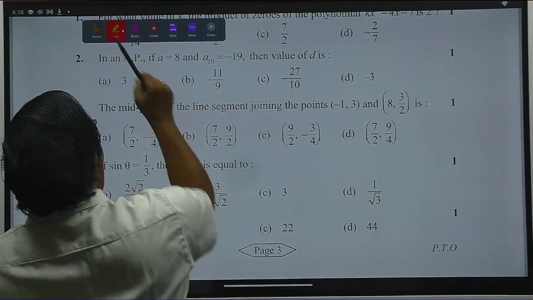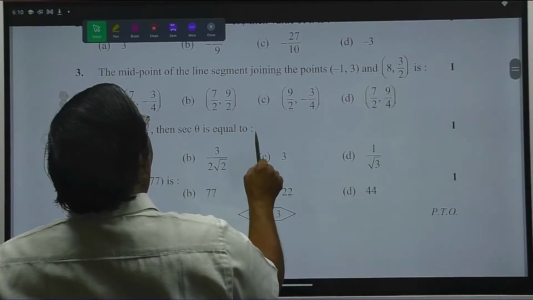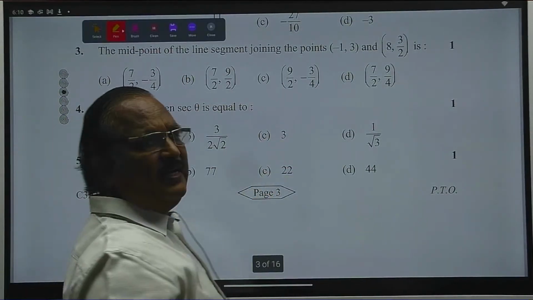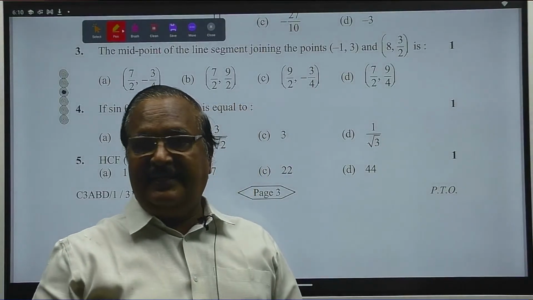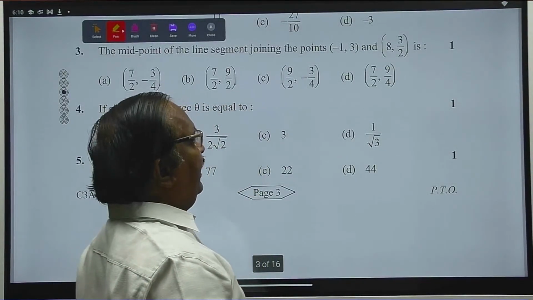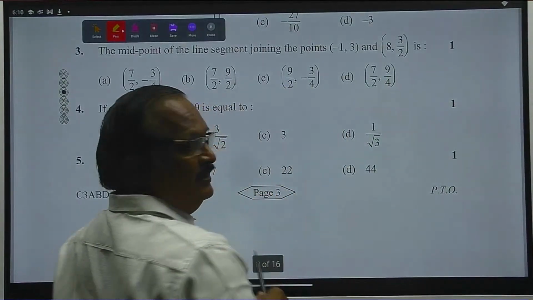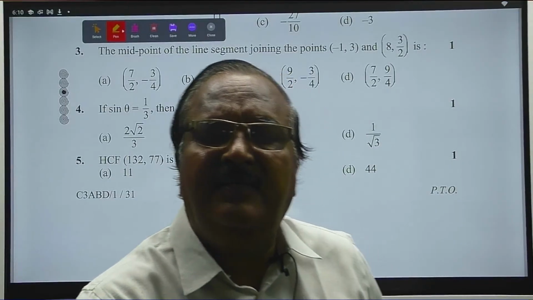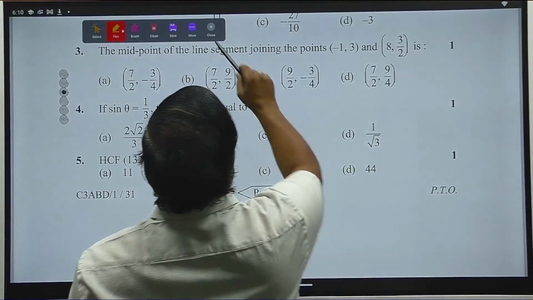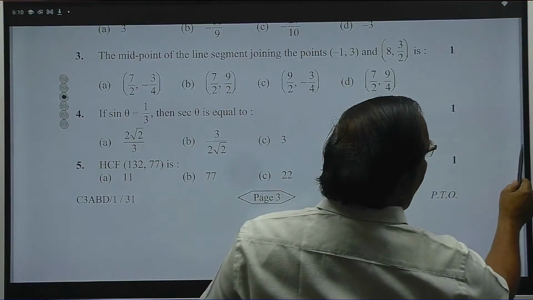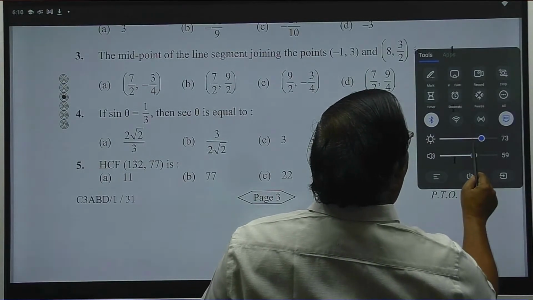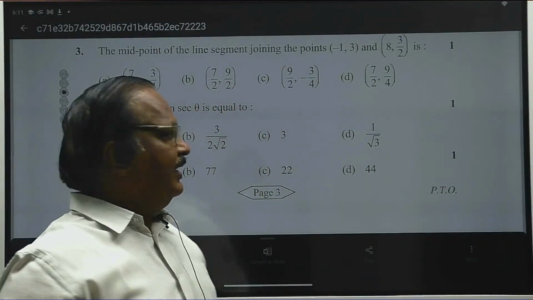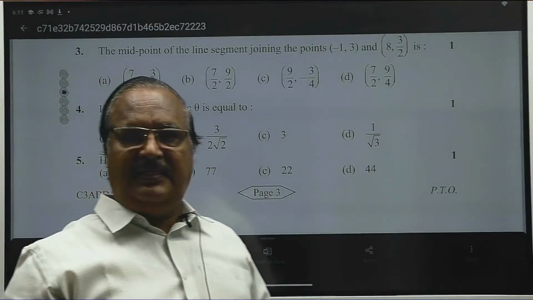So now let us go to the third question. The third question is from coordinate geometry, the midpoint of a line segment. He asked directly the midpoint of a line segment. I hope you are able to see. Is it not very clear? Let me reduce the size. Okay, I have reduced it. I think it will be visible now.